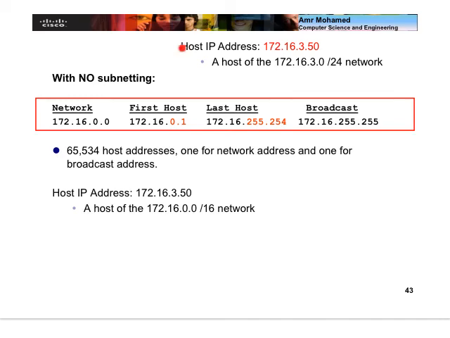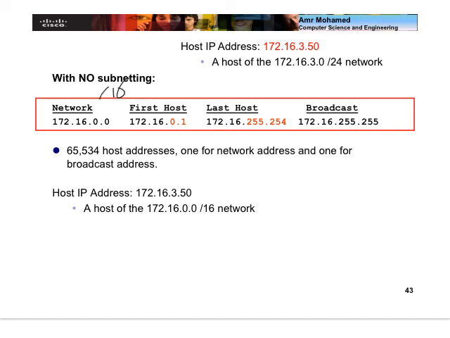So this is the host IP address. A host like this has the IP address 172.16.3.0/24. If I decide to use no subnetting, this network is 172.16.0.0, which is /16.